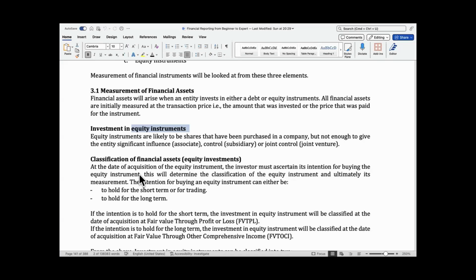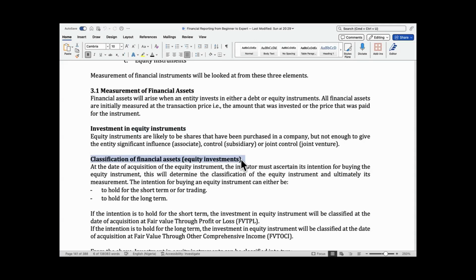And that leads us to classification. A financial asset or equity investment needs to be properly classified, and the classification depends on your intention of buying it. When you tell us why you bought it, then we'll be able to classify. It's just like land and building, for example.